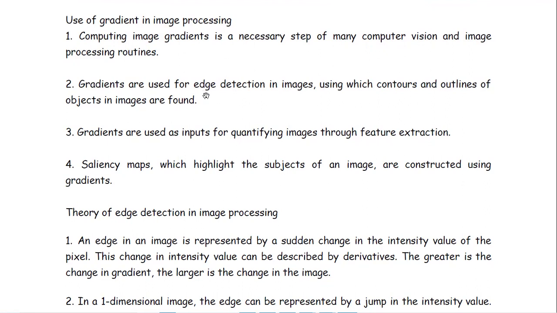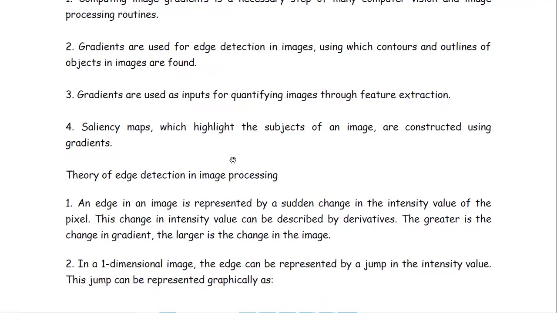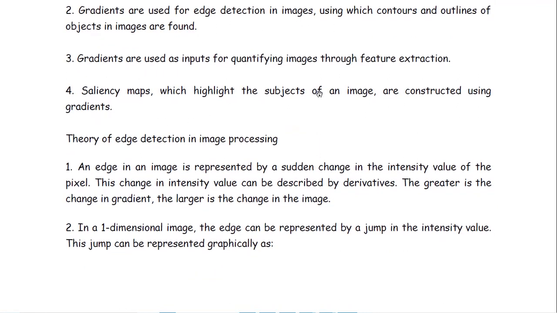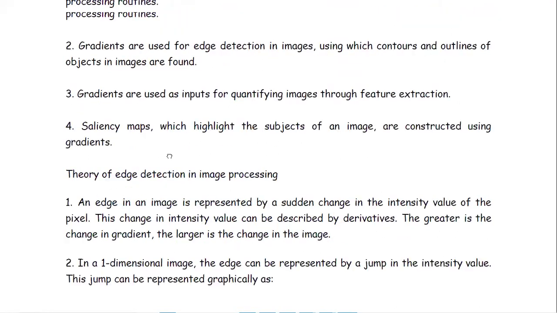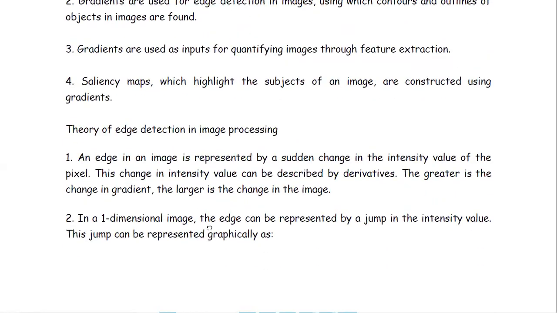Then gradients are used for edge detection in images, using which contours and outlines of objects in images are found. Gradients are used as inputs for quantifying images for future extraction. Saliency maps which highlight the subjects of an image are constructed using gradients. So these are the uses of gradients.